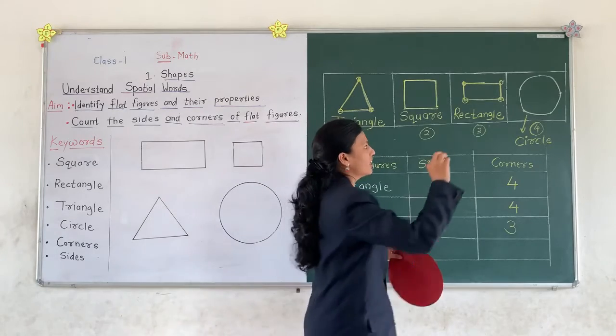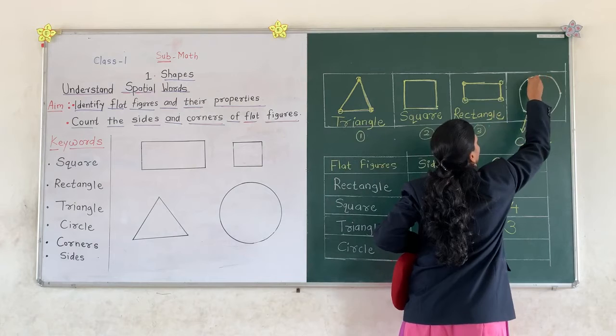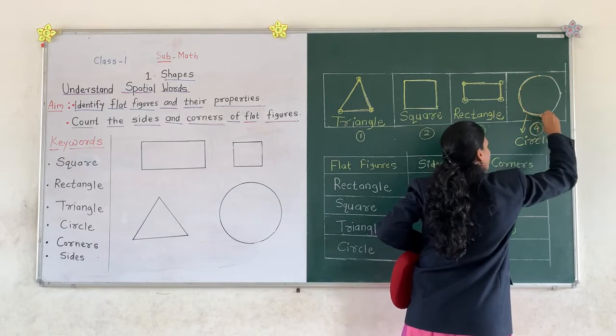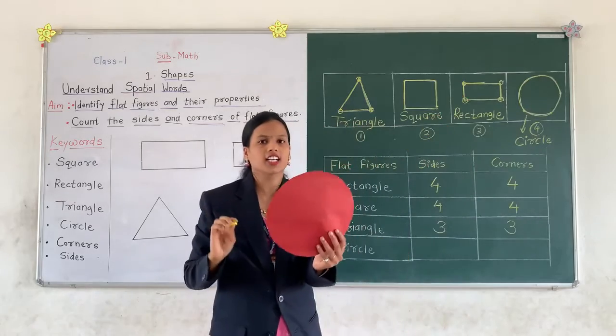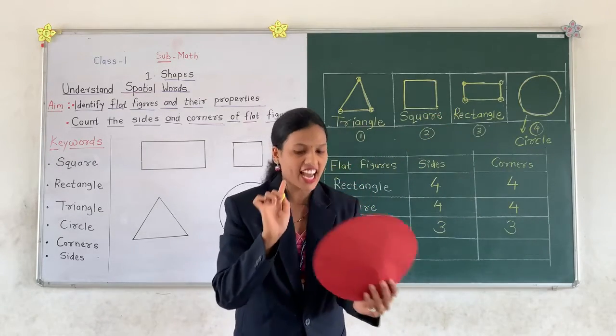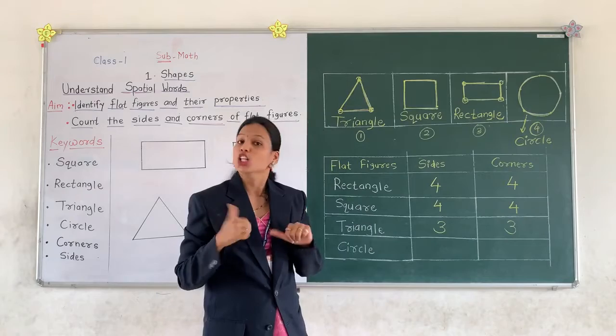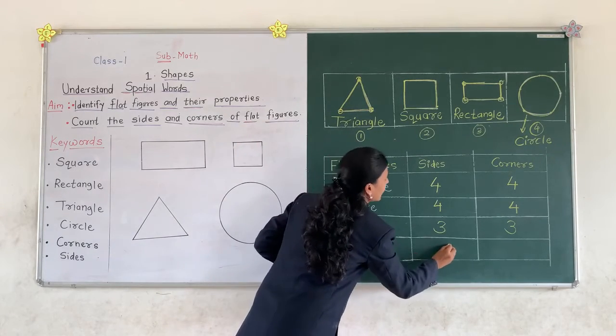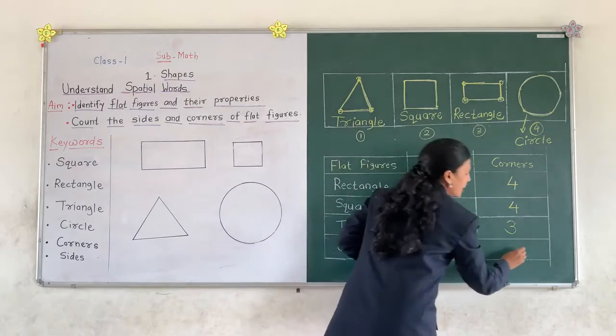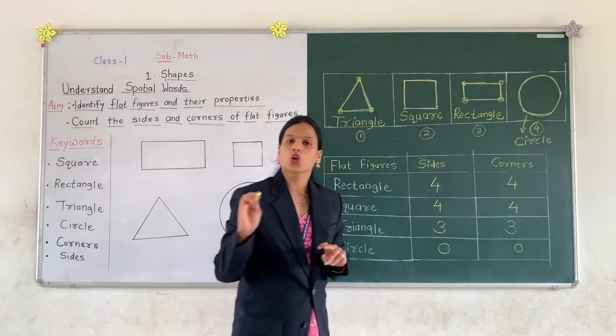When you draw a circle, we just use a curved line. So circle has no sides and no corners. So we will mention that circle has 0 sides and 0 corners.